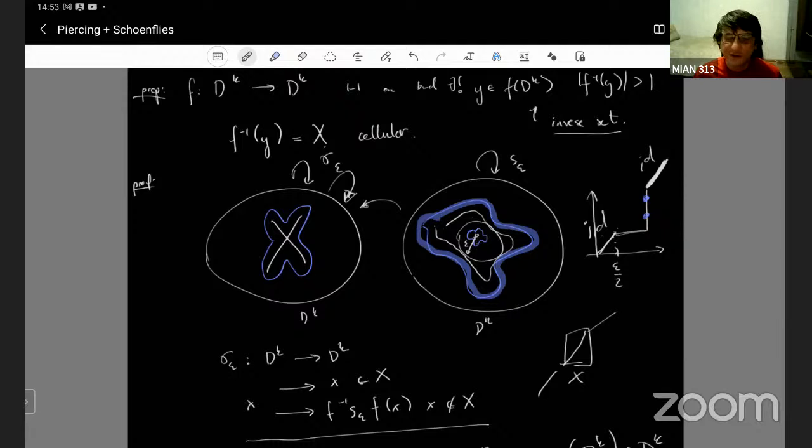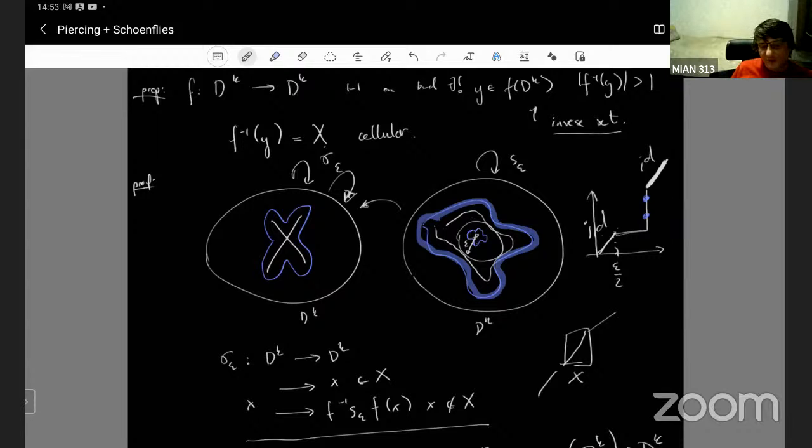So here we were assuming that F is piecewise linear on the complement of X, but I think this shouldn't really be necessary. Well, okay.